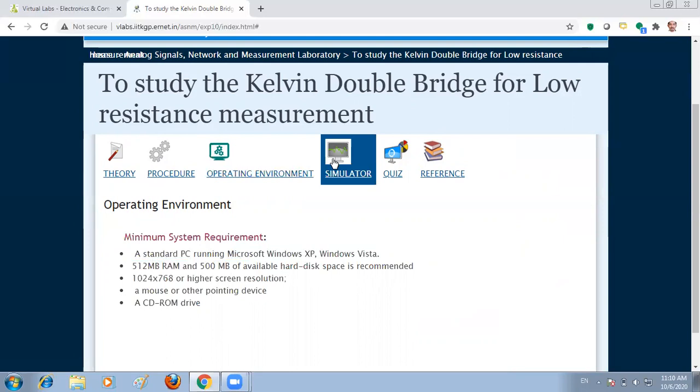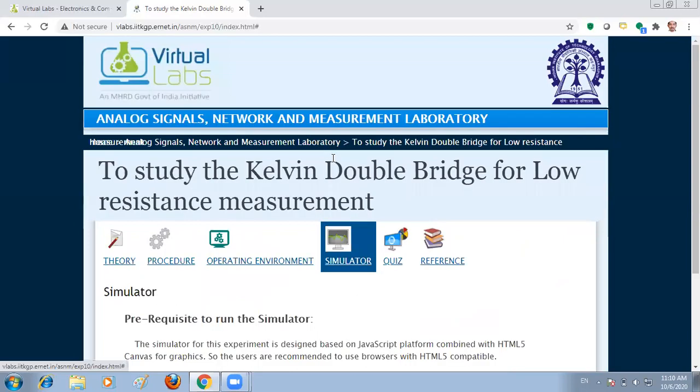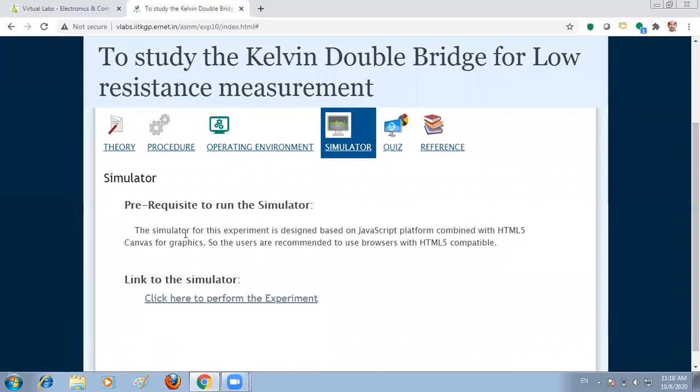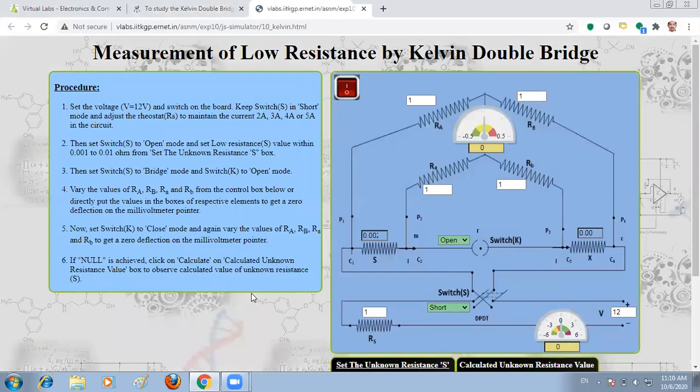Okay, so now we will open the simulator. Here also the prerequisite is given, that is, to perform this experiment this type of system is required. So we will open the simulator.